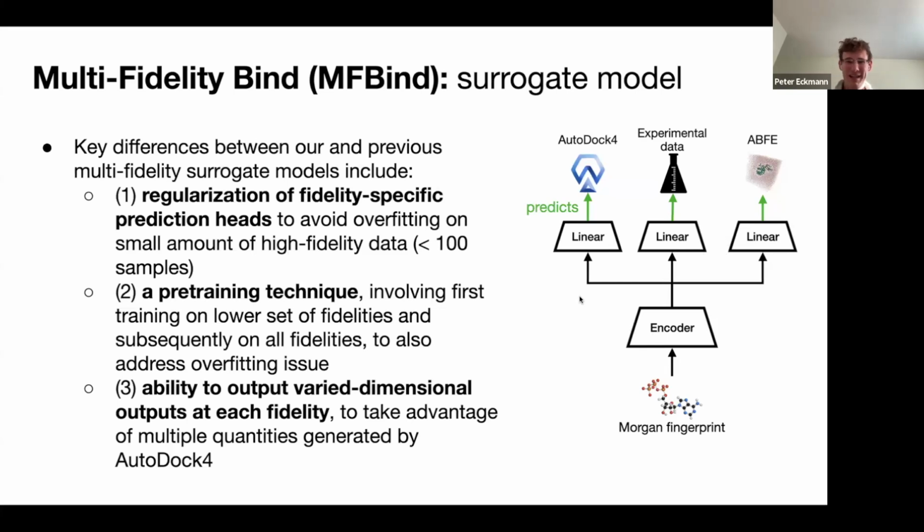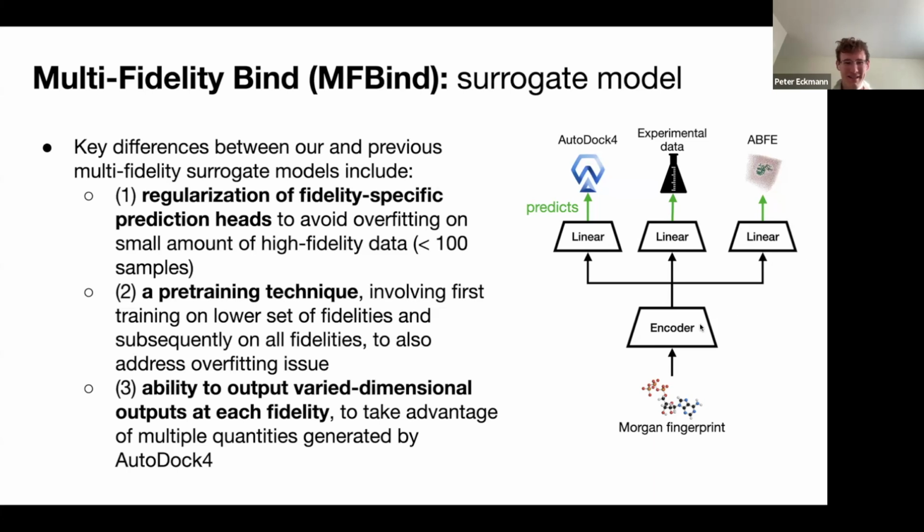But when we added this pre-training method, we pre-train the model on this large amount of lower fidelity data that we have. And that gives us a warm start to the encoder because it generates a more meaningful encoding, such that when we add back in the ABFE data at our later stage of training, the generalization was a lot better.